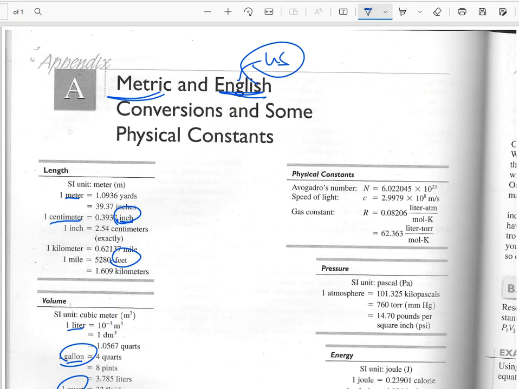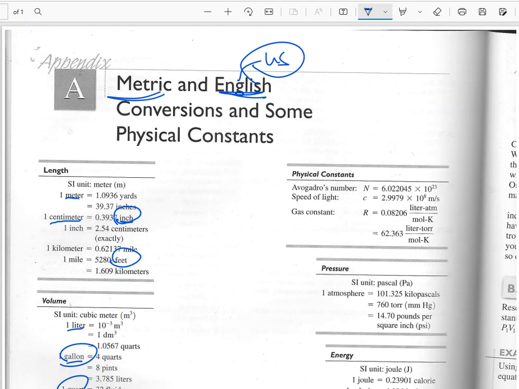The metric system, instead of inches, would be something like centimeters or millimeters. Instead of miles, we're looking at kilometers. Instead of yards, we're looking at meters. Instead of gallons, we're looking at liters, and so forth. So this is more unfamiliar to us, or the concept of the size or the length or the quantity that we're talking about.